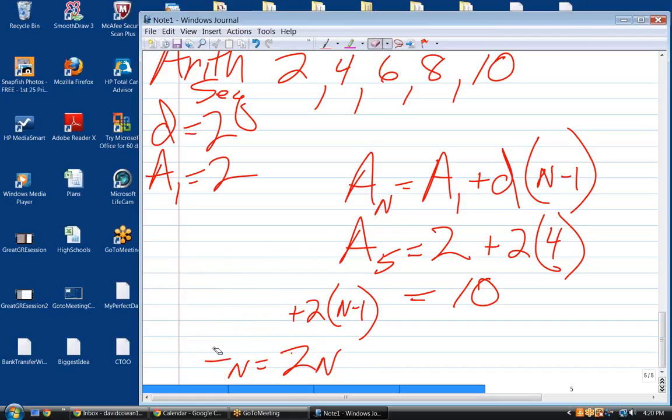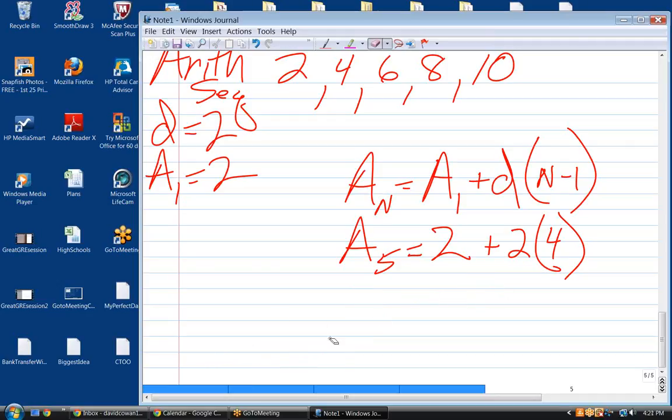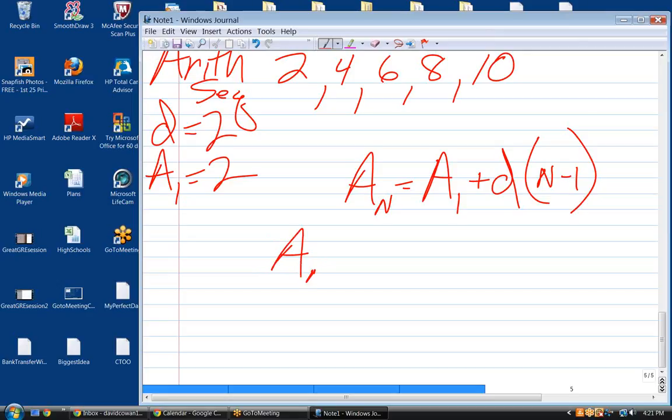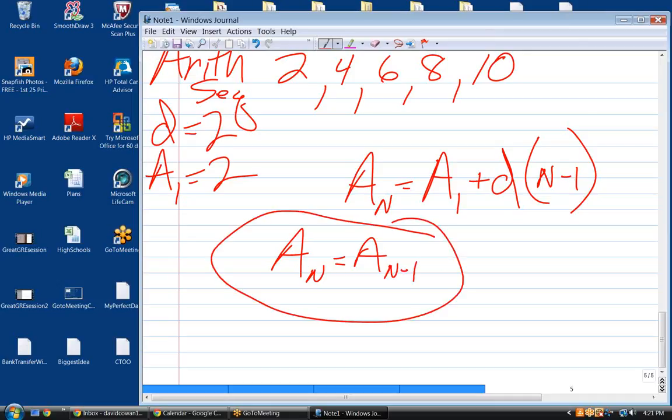Now let's talk about not the explicit, but the recursive way to define an arithmetic sequence. Once again, recursive means defining it not as a function of the first term, but as a function of the previous term. So the recursive almost always is going to start out like that, regardless of whether you're talking arithmetic or geometric sequence.